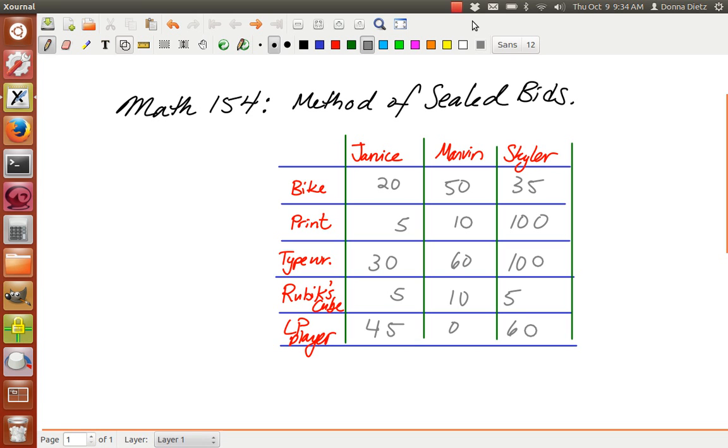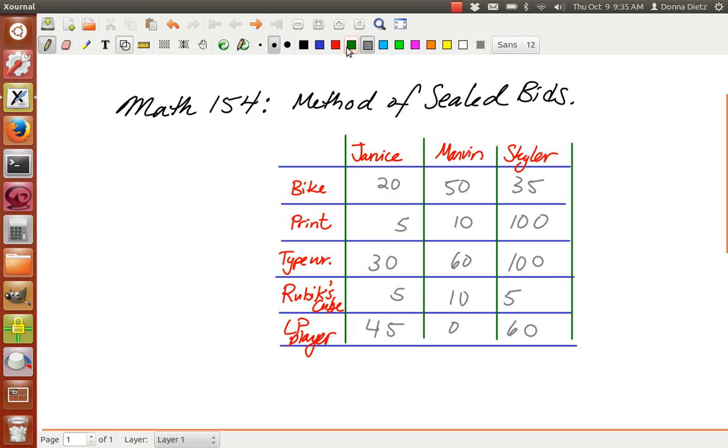So one of the things is that we want to know what's fair to each player. Let me just start out by saying there's more than one way to fairly divide the objects, and there will be cash also floating around. However, this particular method is very formulaic, and the only time you really need to make a decision is if 2 people ask for the same object at the same maximal price.